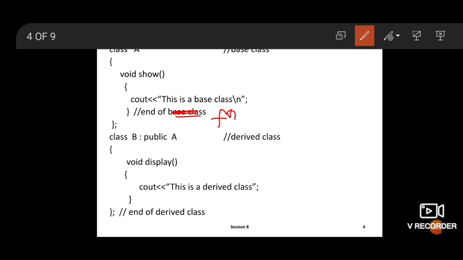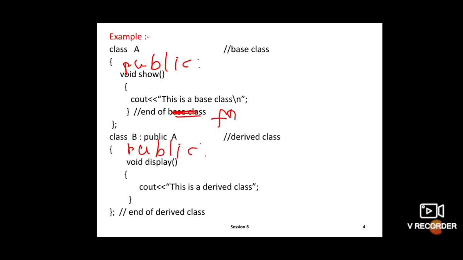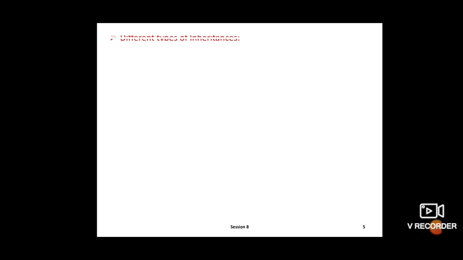Always write the access specifier here, public, and here also public, otherwise it is included in the private access specifier. When it is private, you can't access that function, so write public, then the member function. Understood this example?